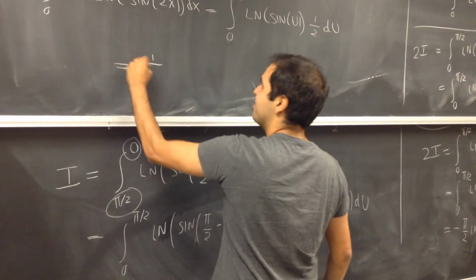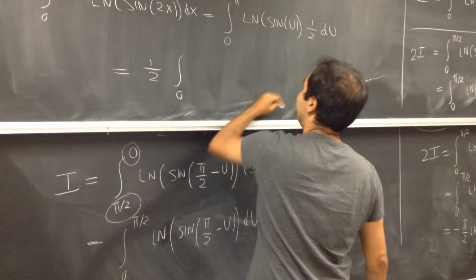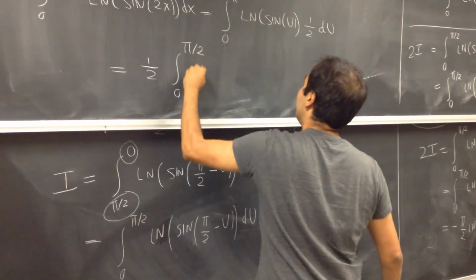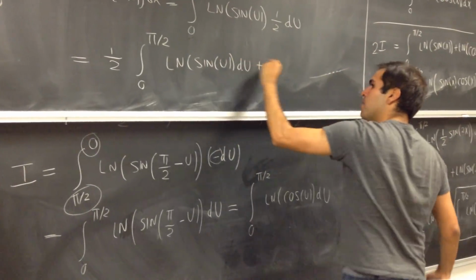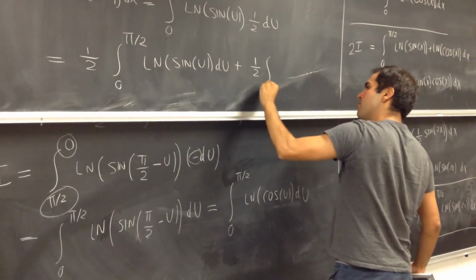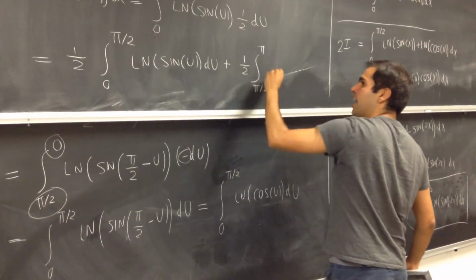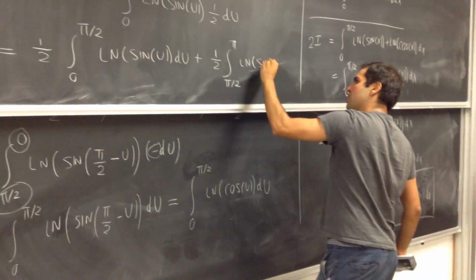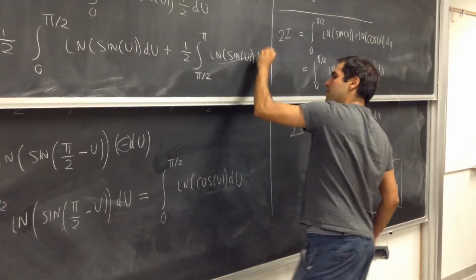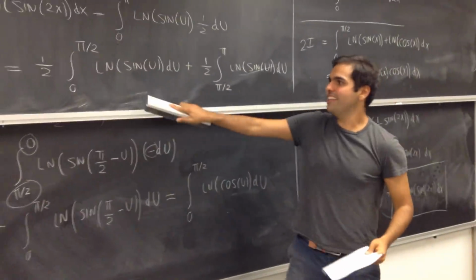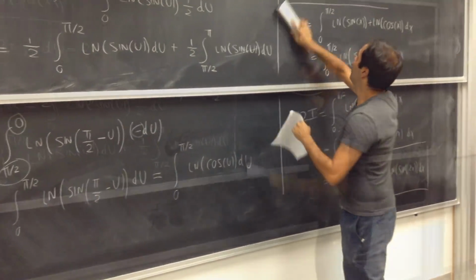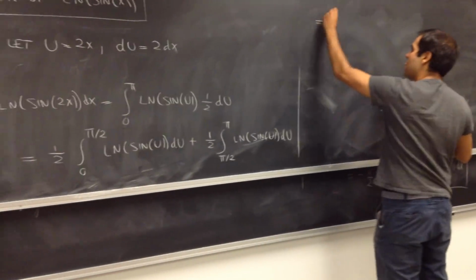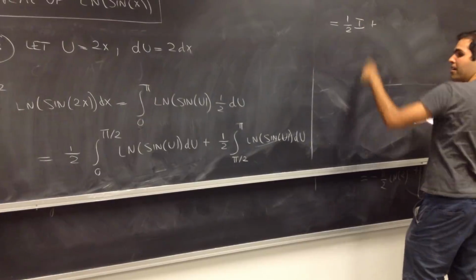So today is a very delicious integral, because we have lots of pi. So ln sine of u du plus 1/2 integral from pi over 2 to pi of ln of sine of u du. But wait a moment, this is exactly what we want, because this is I. Who is that? 1/2 I plus this junk.